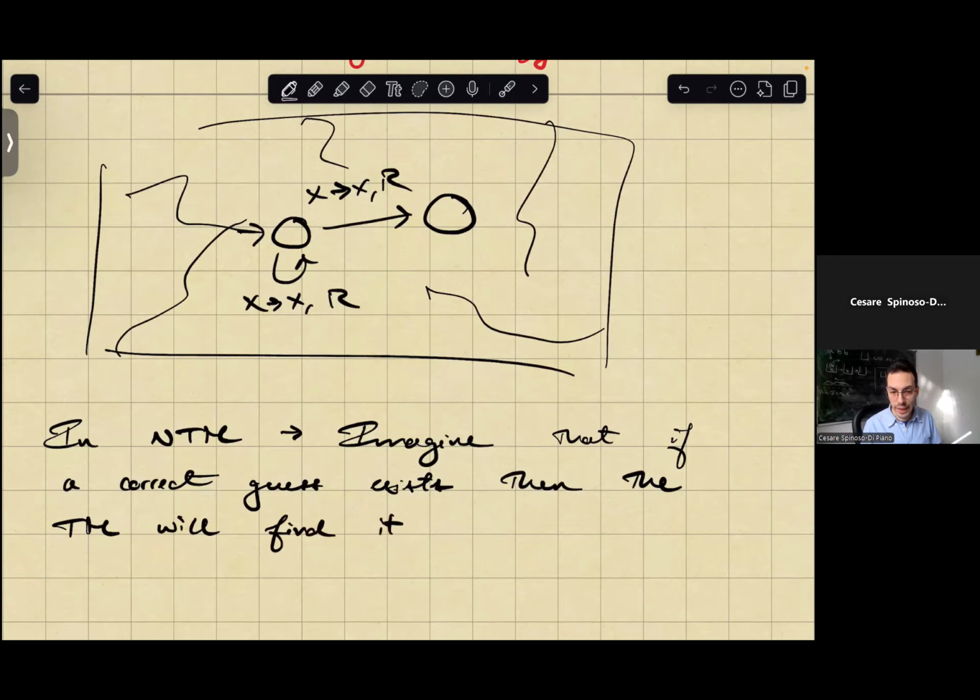So if there exists a correct guess, then essentially what's going on in the computation is that it gets extremely lucky every single time where it has to guess, and it makes it to the accept state. If there's no correct guess, then the Turing machine just makes a bunch of guesses, it's wrong, and it just ends, right? And so this is going to make non-deterministic Turing machines, at least at face value, much more powerful than deterministic Turing machines, right?